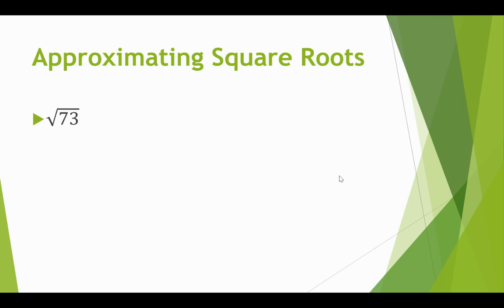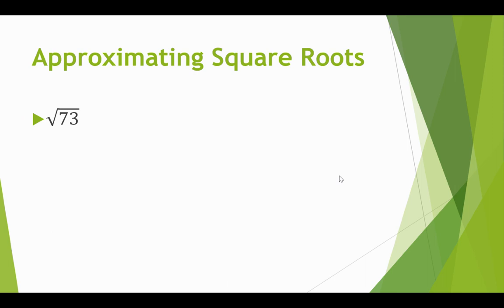If I have the square root of 73, I can't say flat out that it's a perfect square. Also, it does not factor down into perfect squares. So I look at my perfect square chart and find numbers close to 73. I've got a perfect square lower than 73 in 8: 8 squared is 64.